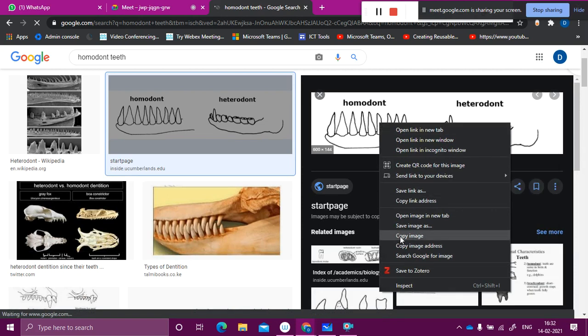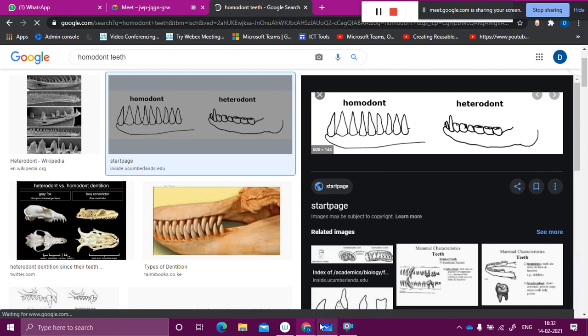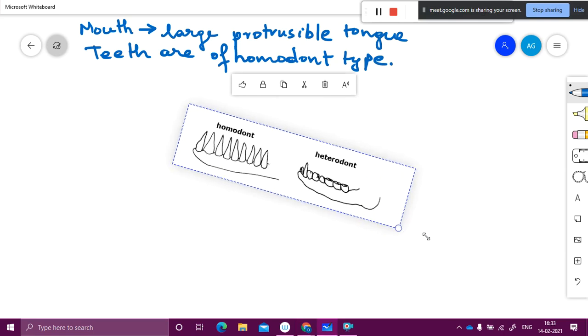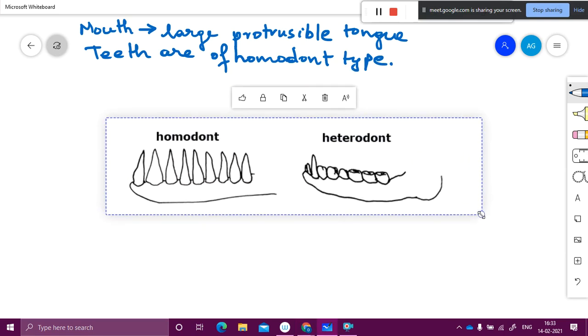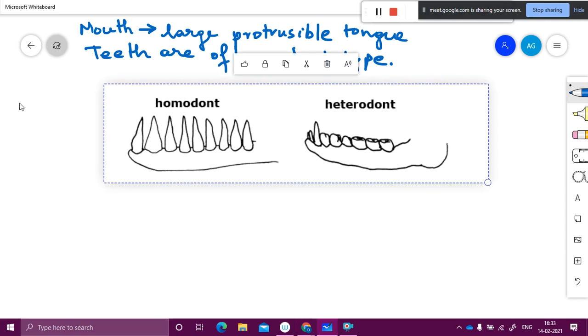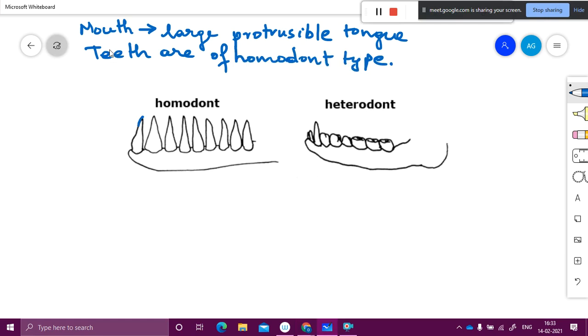Homo means same, uniform. I am showing you the picture of homodont teeth. They are uniform, same.